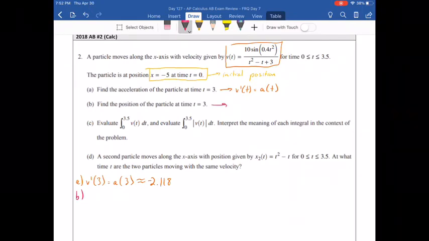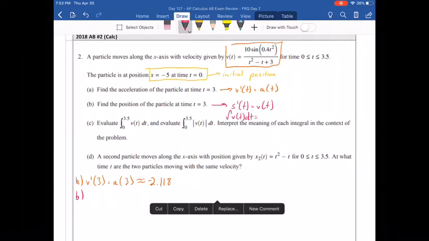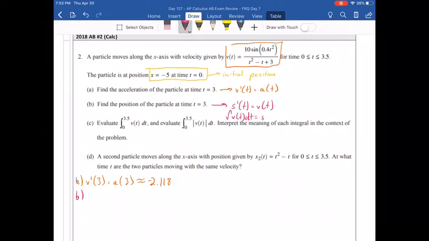Now the reverse: the derivative of position, which they usually use s of t to represent, is equal to the velocity. So the antiderivative of velocity would give us the position.